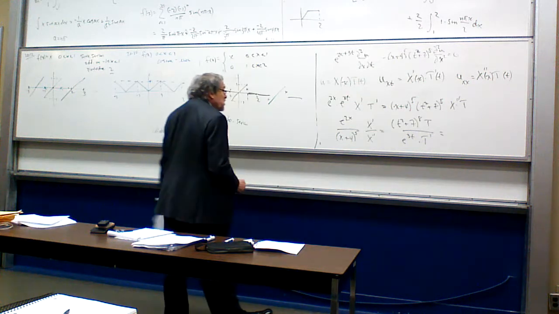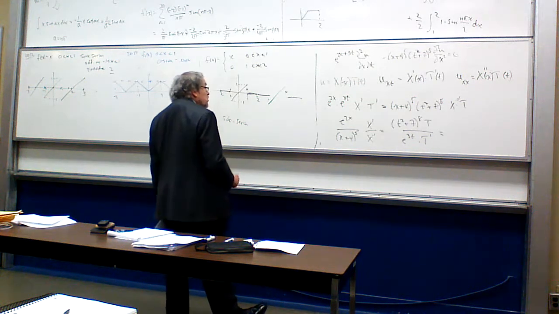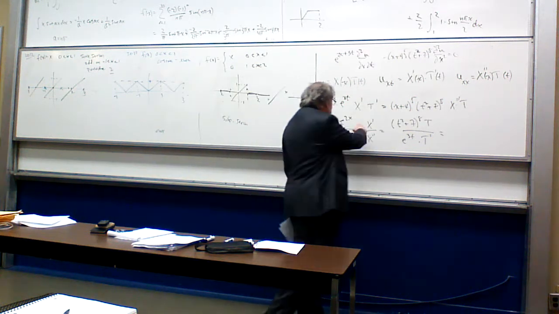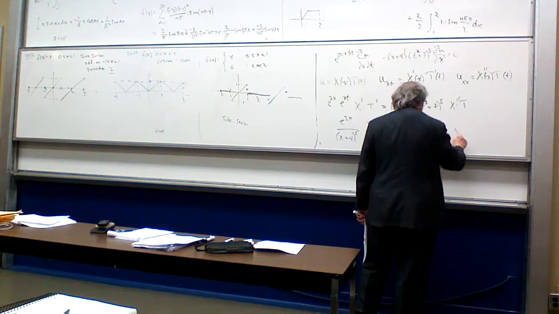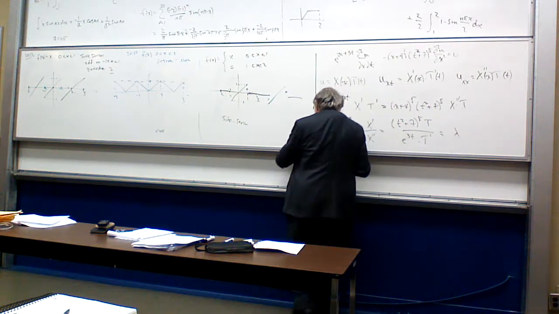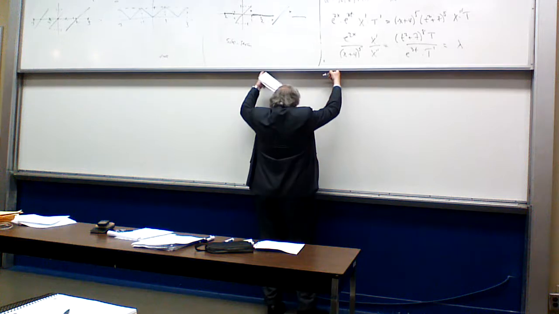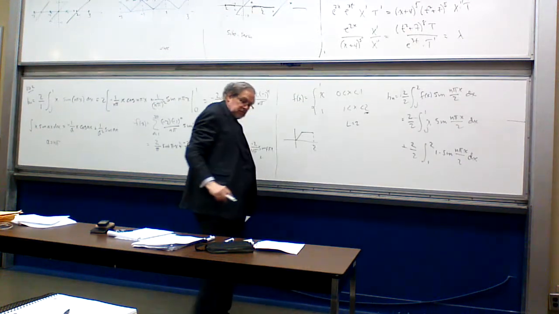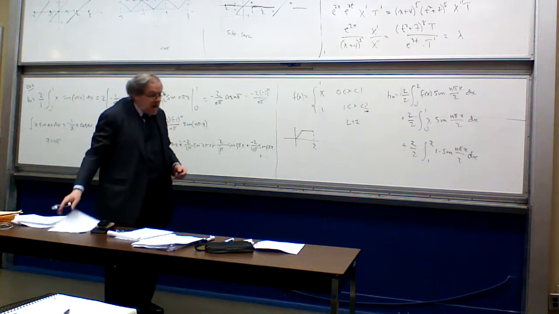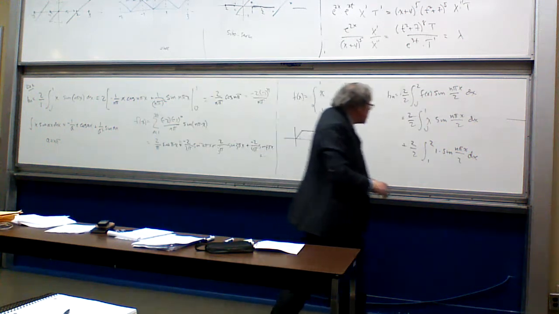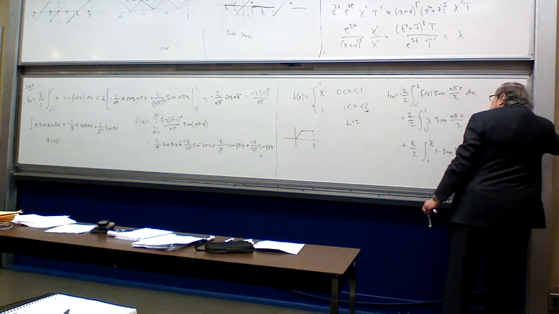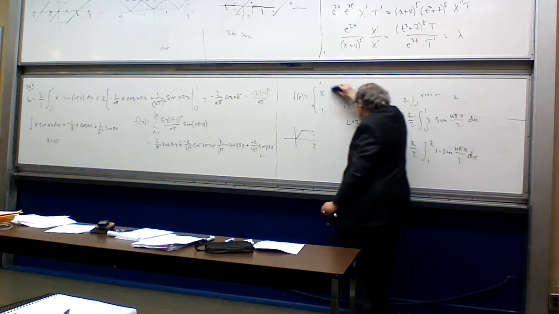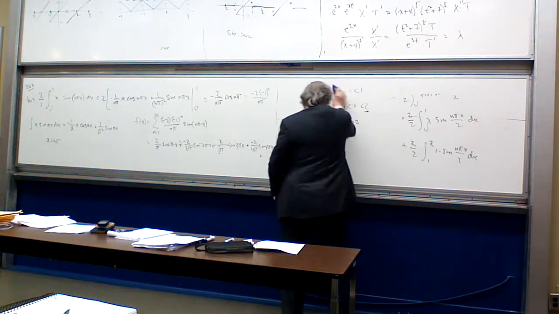I have, perhaps in a screwed up way, a function of x on the left side, a function of t on the other one. And so those must be lambda. That's the key step: a function of x equal to a function of t has to be a constant.